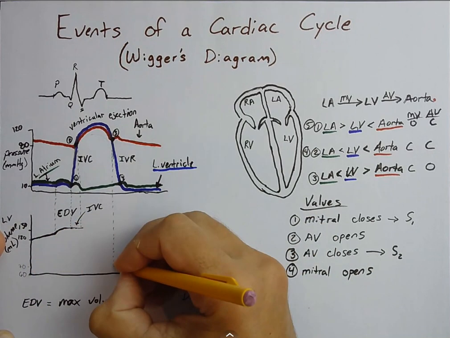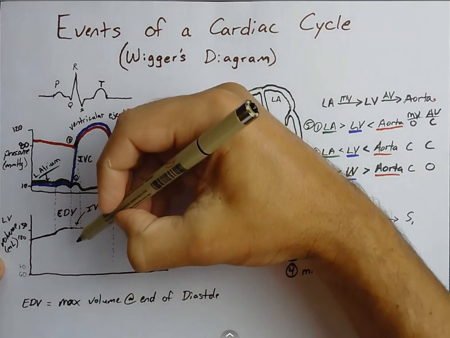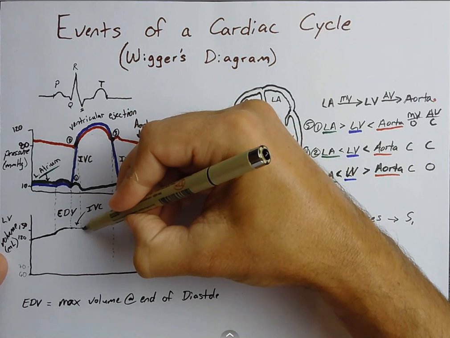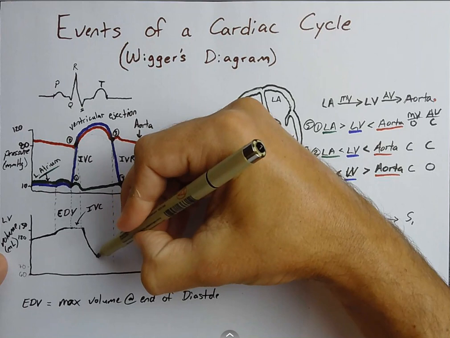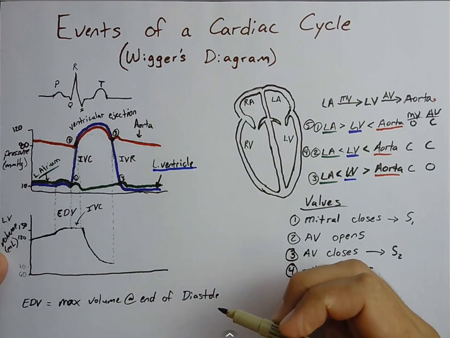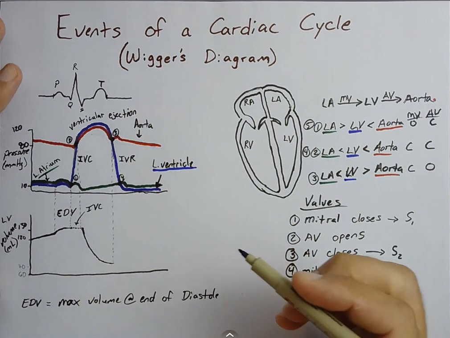So we're going to go ahead and have this dashed line go down to about 70 mils. So now as the heart contracts, we're going to get a period of rapid ejection of blood, which is going to slow down and level off. This is what's happening during the contraction of heart.